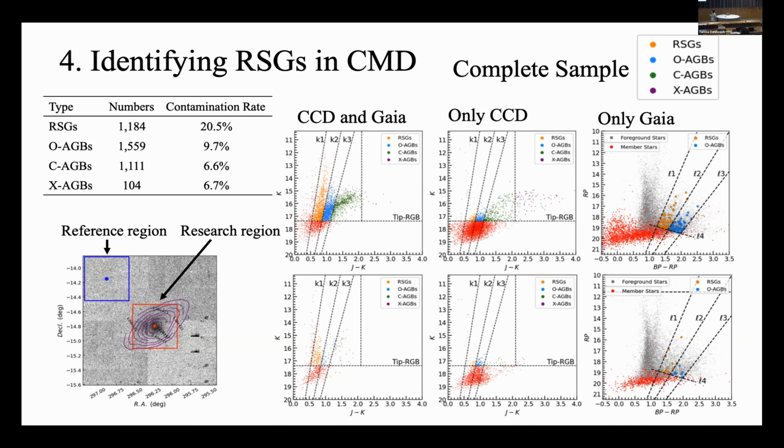The main problem is that the AGBs will pollute the RSG branch. We found this problem, and we plan to clean the RSGs using the optical diagram in our future work.